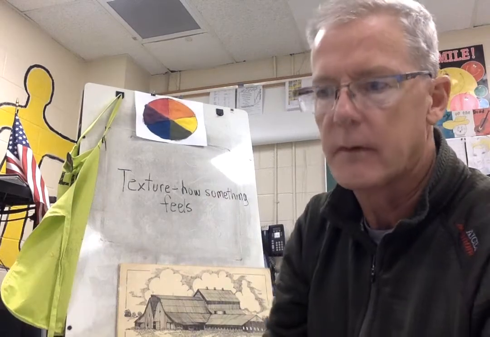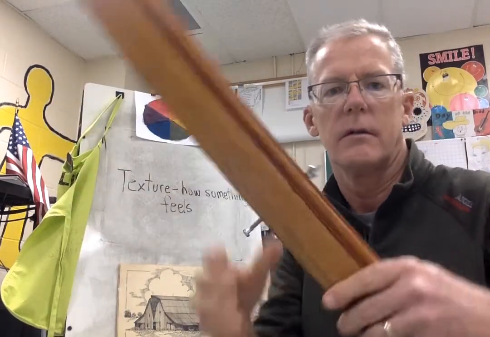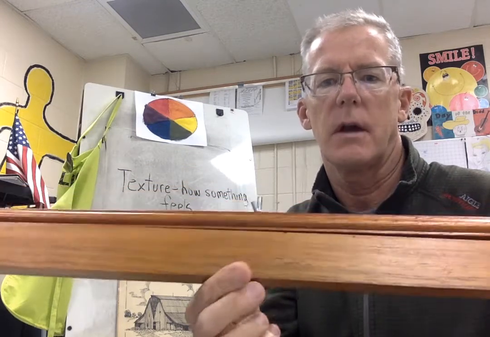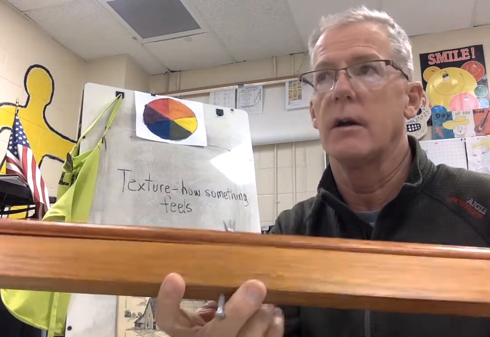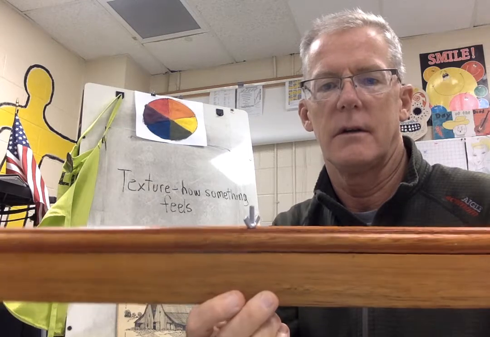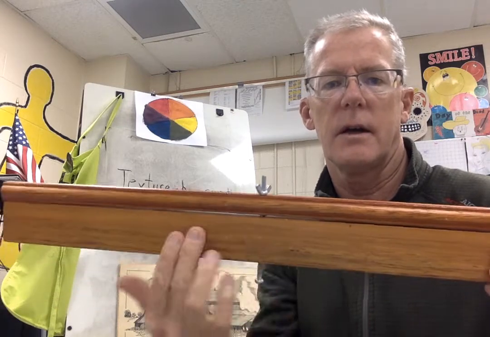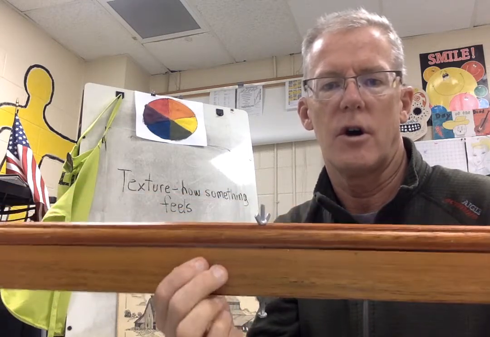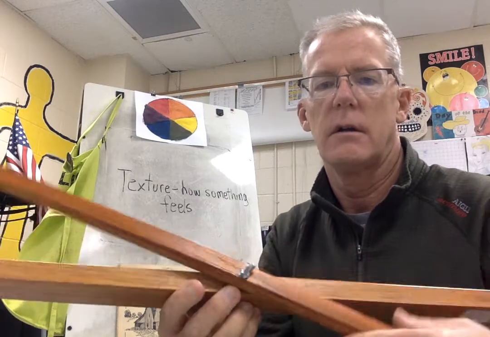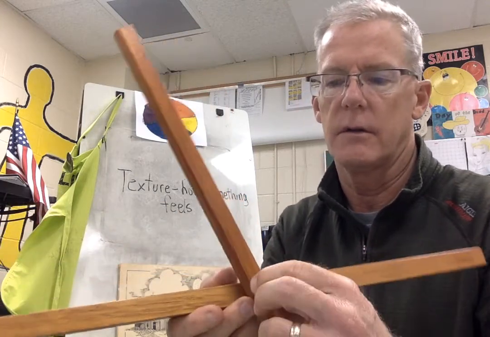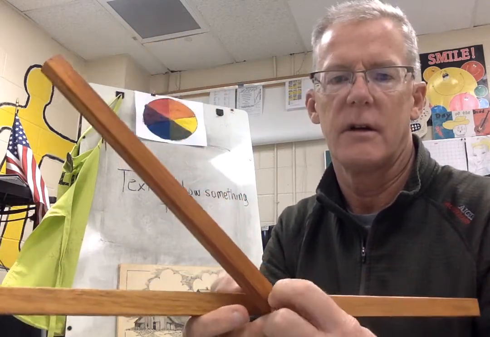Now, what's this? It's a piece of wood. Came off my easel that's standing over in the corner. All right, smooth on the outside. Hard. Of course, the metal is rough and rigid.